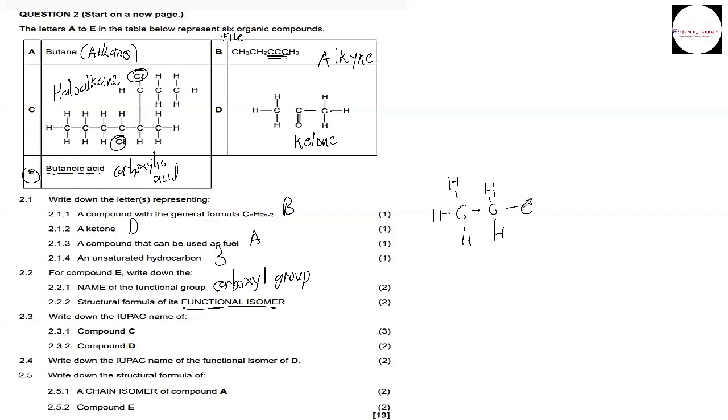Remember, I have the divider here for the ester, separating the alcohol and the carboxylic acid. Then I have it like that. And then 1, 2, 3, 4. So this here can be a functional isomer of the butanoic acid.